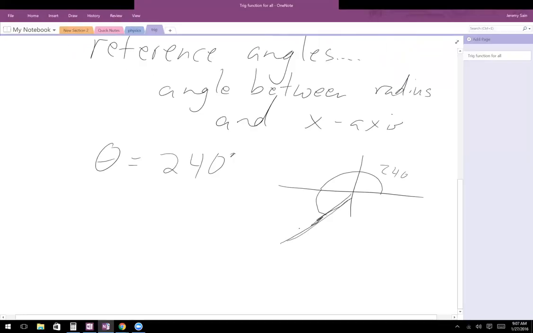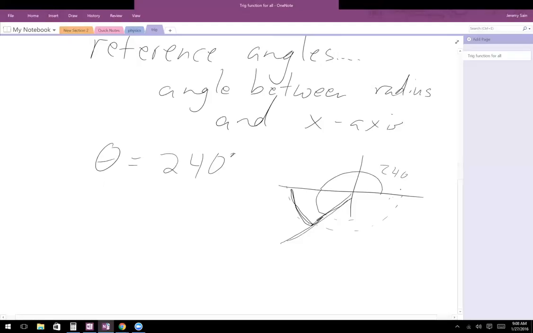Where's the smallest angle between that radius and the x-axis going to be? Is it going to be going forward or going backwards? Going forward versus going backward. So the x-axis is backwards. Yes, it's this one right here. That's shorter than going the other way. It's always going to be an acute angle, so that might help you out.